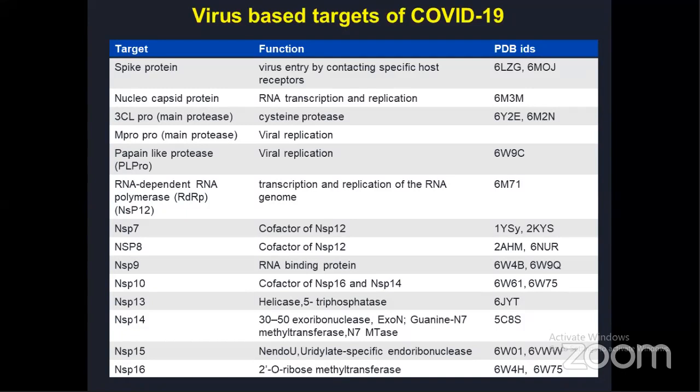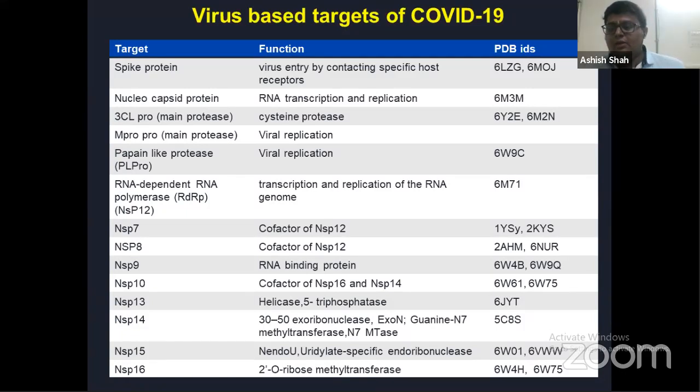Now, if you want to do research based on in silico drug design, before entering into this, I want to suggest that you should first have a thorough idea of your disease. That means you should be aware of the targets of your disease, and out of those targets, which one is probably going to play an important role.